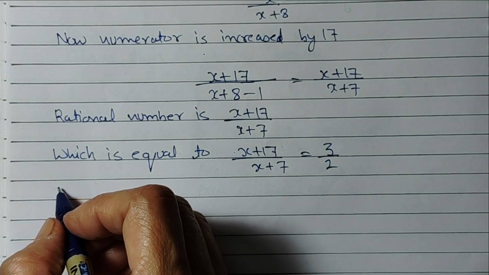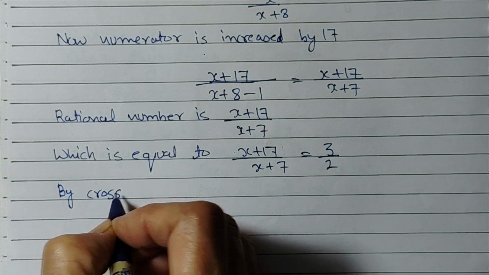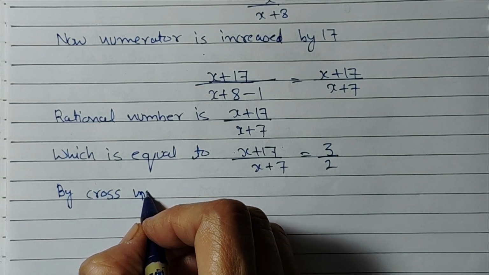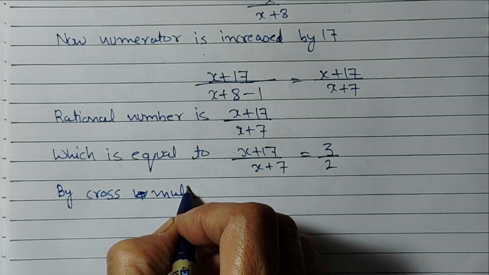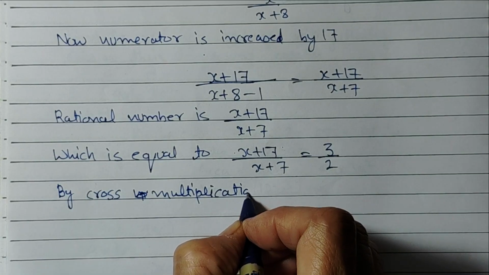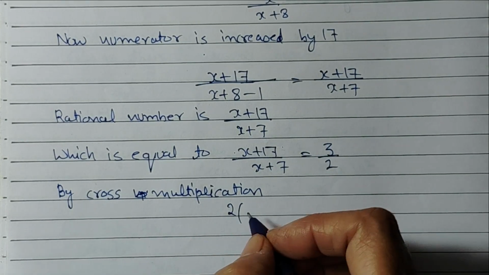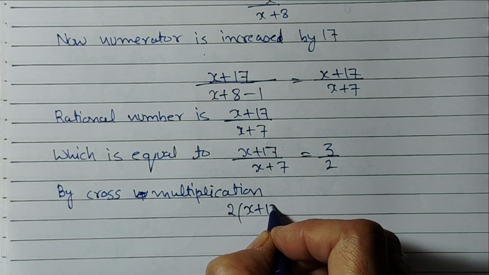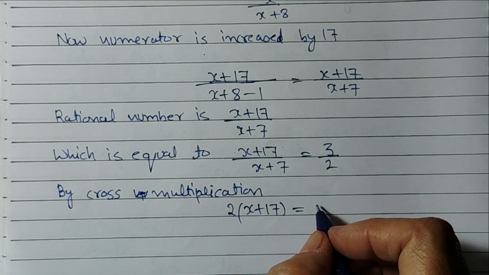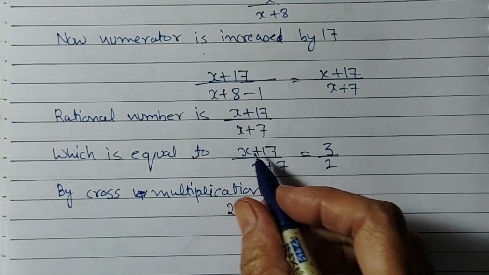By cross multiplication, 2 into x plus 17 is equal to 3 into x plus 7.